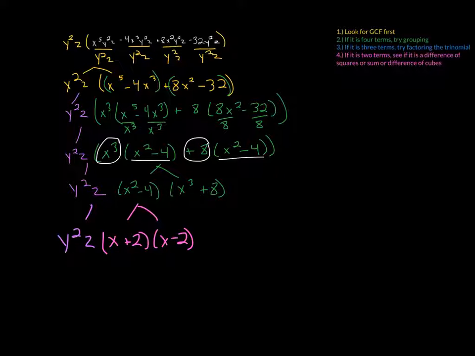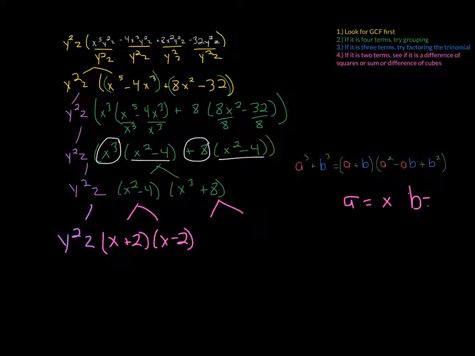Okay, and here is our formula for sum of cubes again. A cubed plus b cubed is a plus b, a squared minus ab plus b squared. And in this case, x cubed, cubed root is x, and the cubed root of 8 is 2.